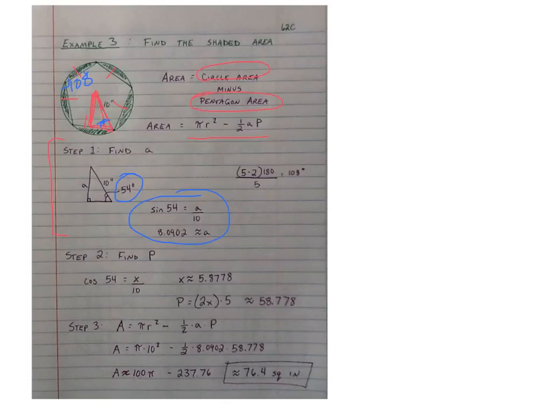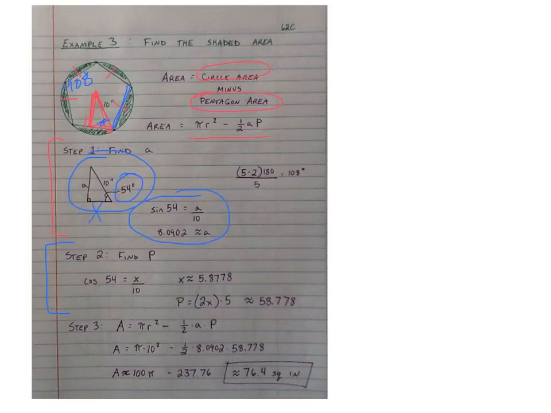This is not enough because we need to also find the perimeter, and we don't know anything about the side length. So in step 2 we go about finding the side length. And I used the same triangle. I said cosine of 54 is x over 10.